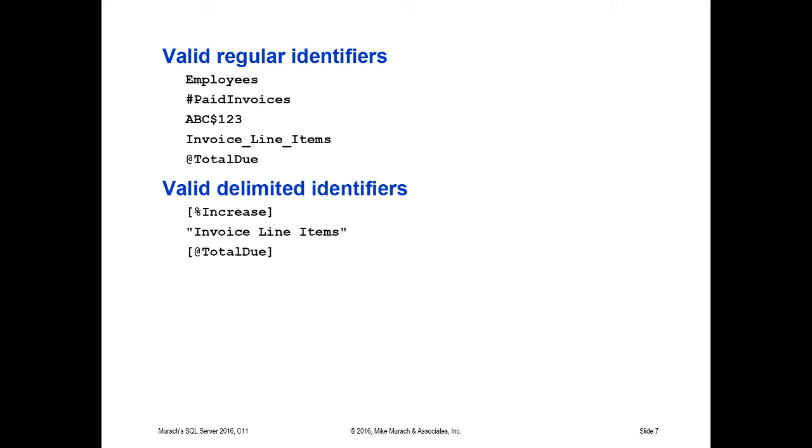We can also use double quotes around a name to make it a delimited identifier. Notice with the % increase, we were able to get away with using that special character because we have delimited that identifier.